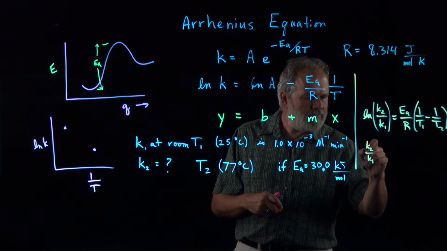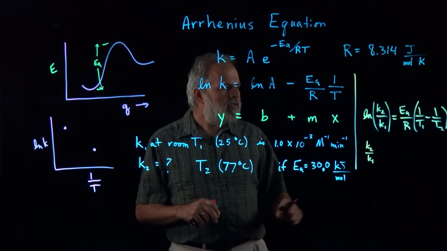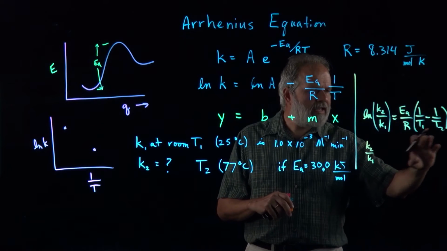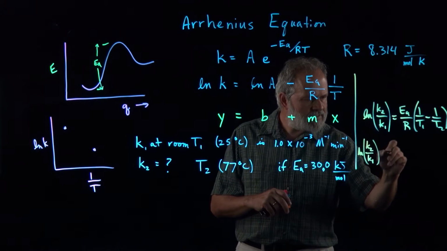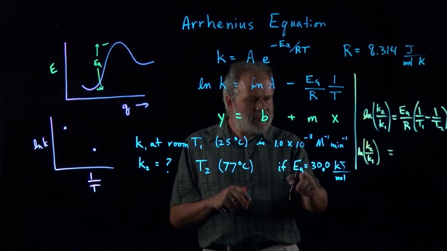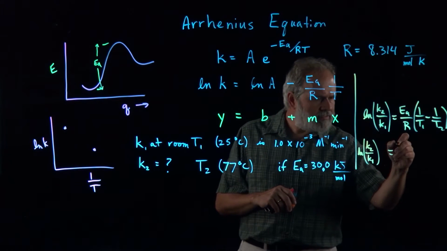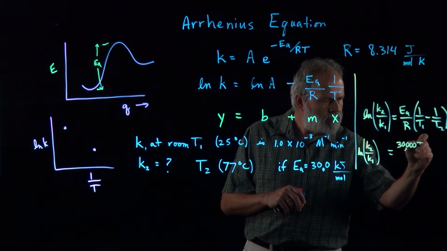It may not be useful to actually put in the numbers for K yet, because we have the right-hand side with all these numbers. So let's just leave the left-hand side alone, and activation energy is going to be 30,000 joules.